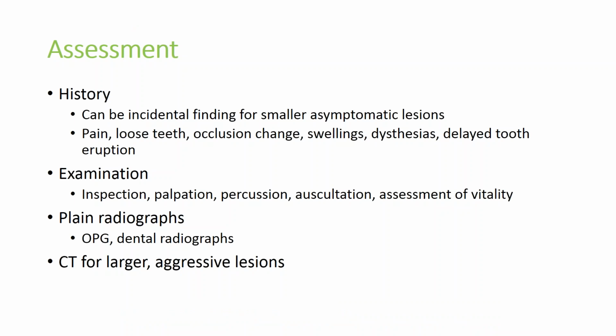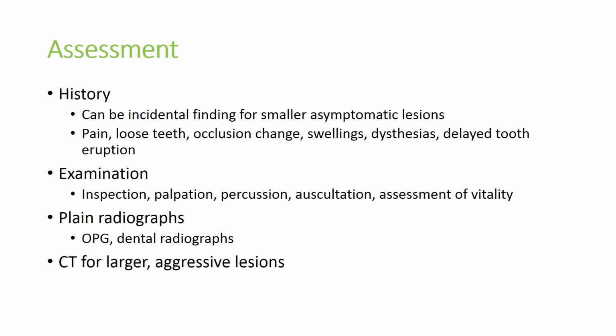So how do you look at these things? Somebody comes to you, and most of the time it's an incidental finding. You are about to do a root canal treatment, then see this radiopacity or radiolucency, or sometimes they can have symptoms. They can have pain, discomfort, teeth moving, numbness. As always, inspect, palpate, percuss the teeth, take a stethoscope if you are looking for a bruit, and check the vitality of the teeth.